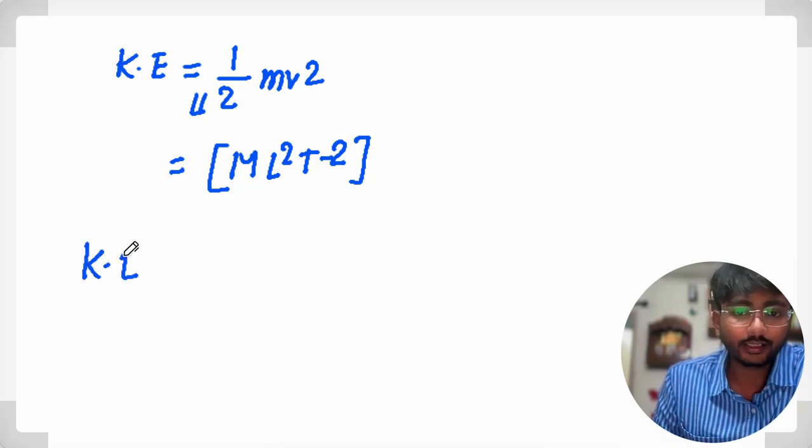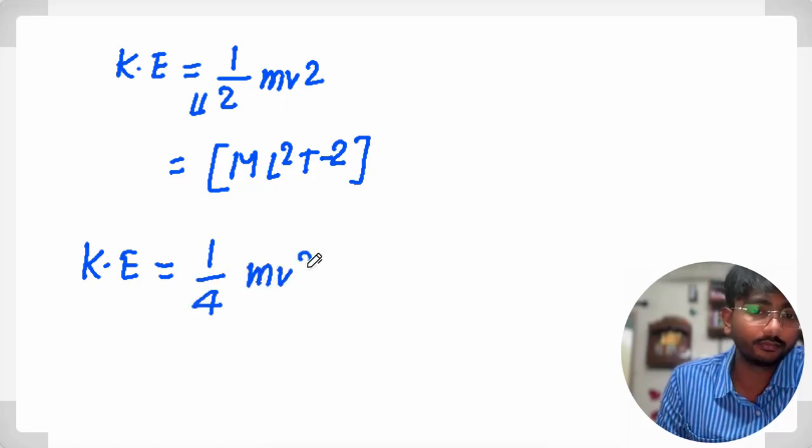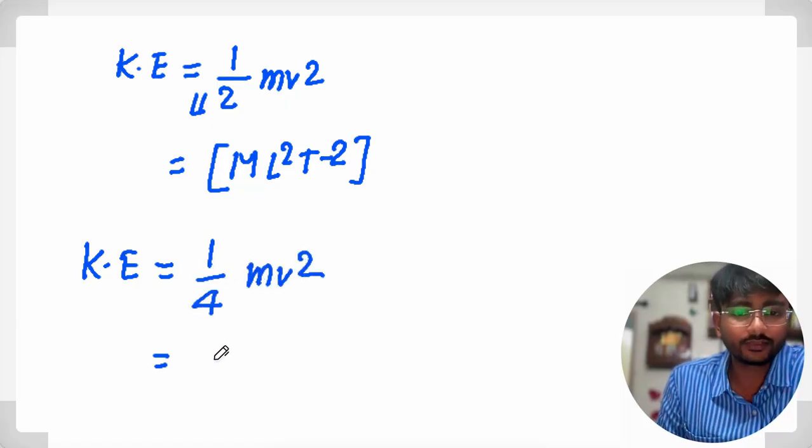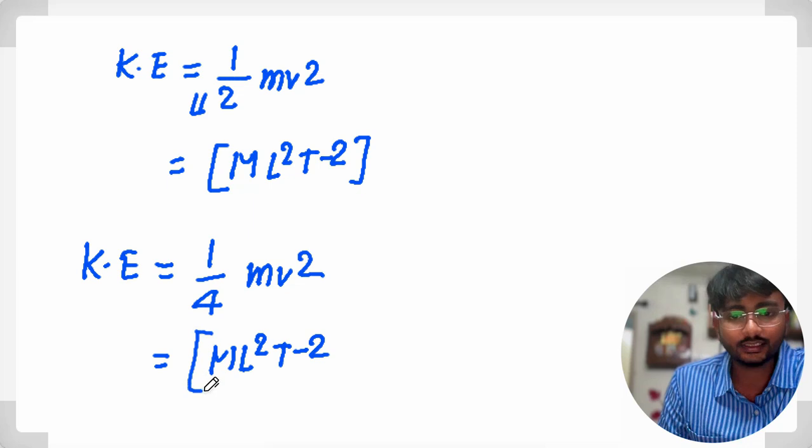Now if we write kinetic energy equal to 1 by 4 mv square, then also the dimension of this equation will be m l square t to the power minus 2.